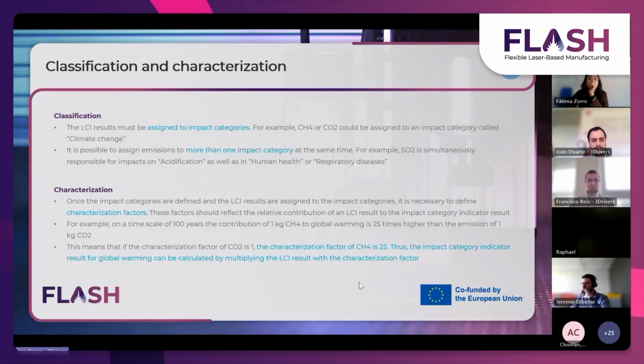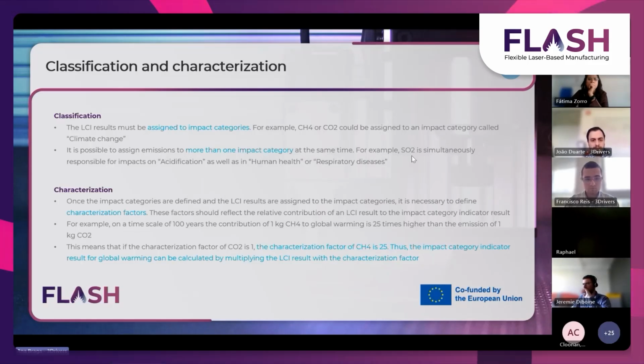So yes, the classification is this. The life cycle inventory results must be assigned to impact categories. For example, we have here methane or carbon dioxide could be assigned to an impact category called climate change. But it's possible to assign emissions to more than one impact category at the same time.